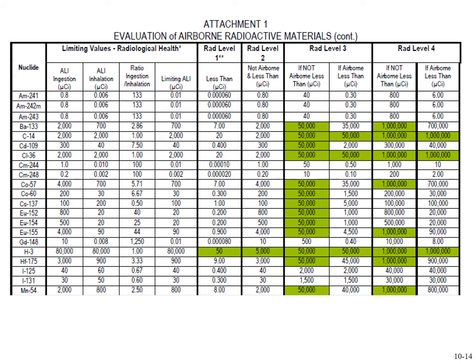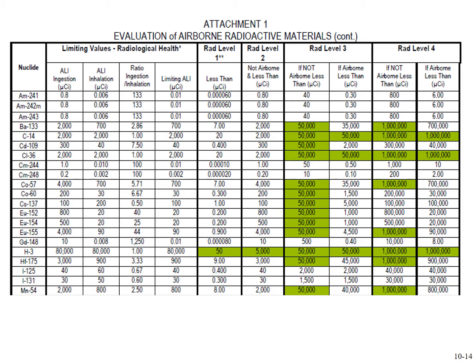Data is also shown here for radionuclides that we frequently work with, the ALI ingestion level, ALI inhalation level, and then the rad levels associated with a given activity. And the activity is listed in microcuries. And you can have rad safety 1, 2, 3, whether it's airborne or not, and rad level 4, whether it's airborne or not.